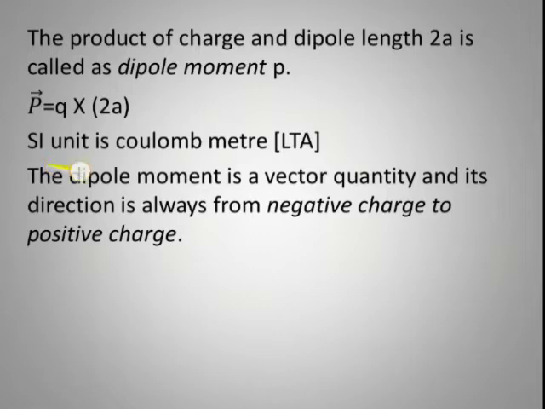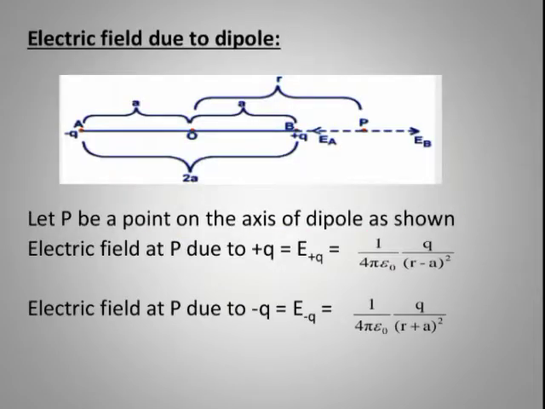So this is your SI unit of dipole moment, that is coulomb meter. As your formula is charge into distance, for charge it is coulomb and for distance it is meter. This is a vector quantity, it gives you the direction, and its direction is always from the negative charge to the positive charge.